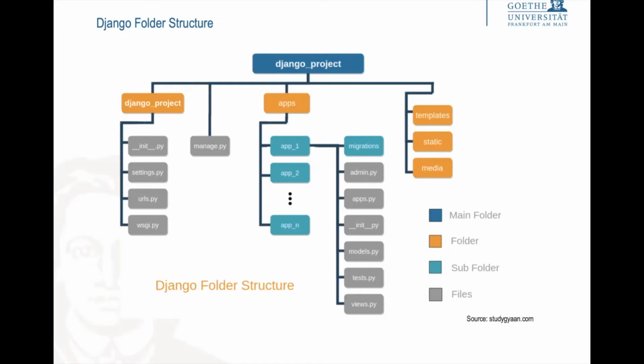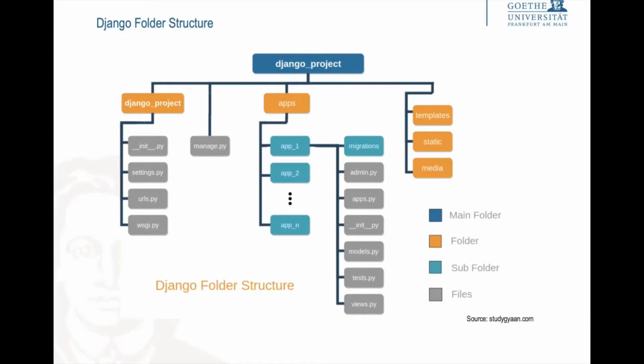If you look now at the left side, the files below Django project and the manage.py, you will see mostly organizational and configuration files. Those configuration files I will talk about after this slide.